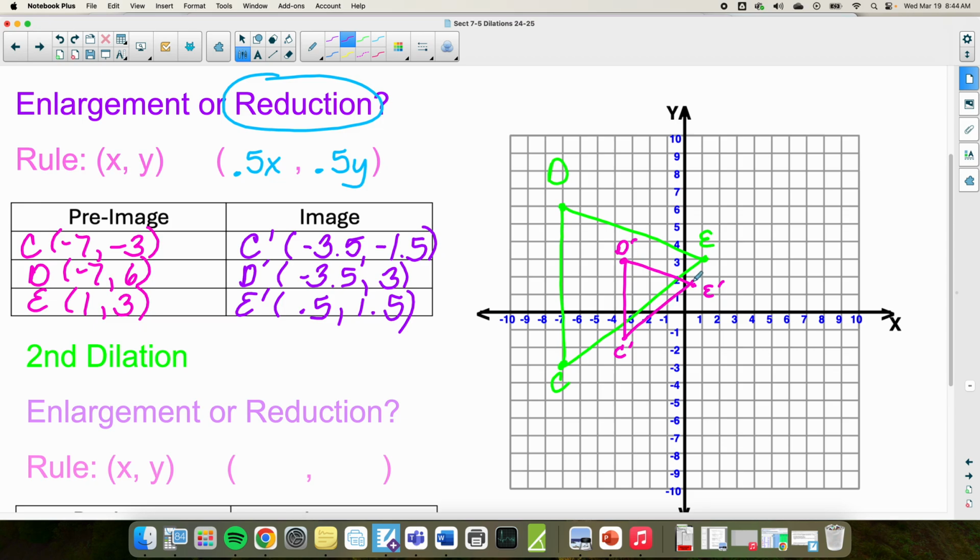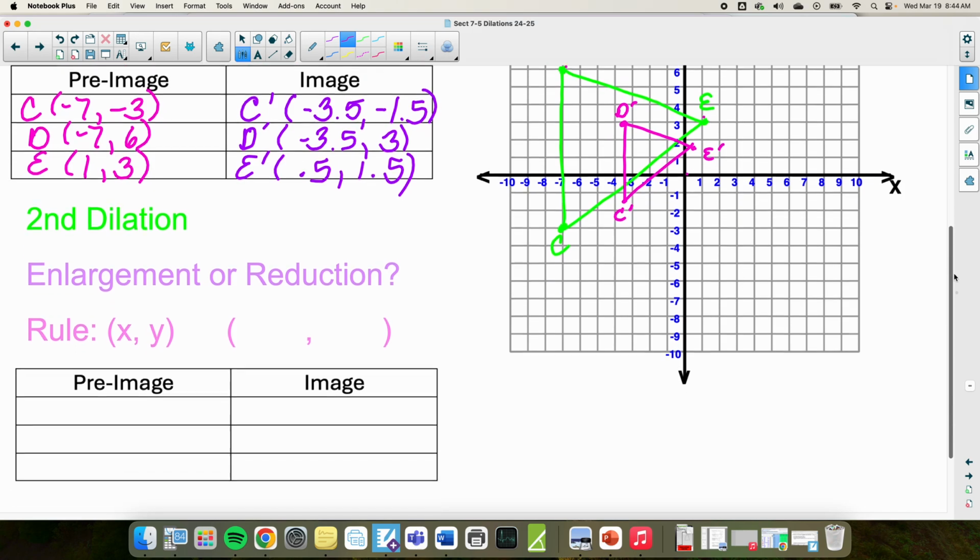And again, if you wanted to check, does this look right? Think of if you drew a line from the origin to your C, does C prime look halfway there? If you drew from the origin to your E, is E prime halfway there? If you drew from the origin to your D, is D prime halfway there?